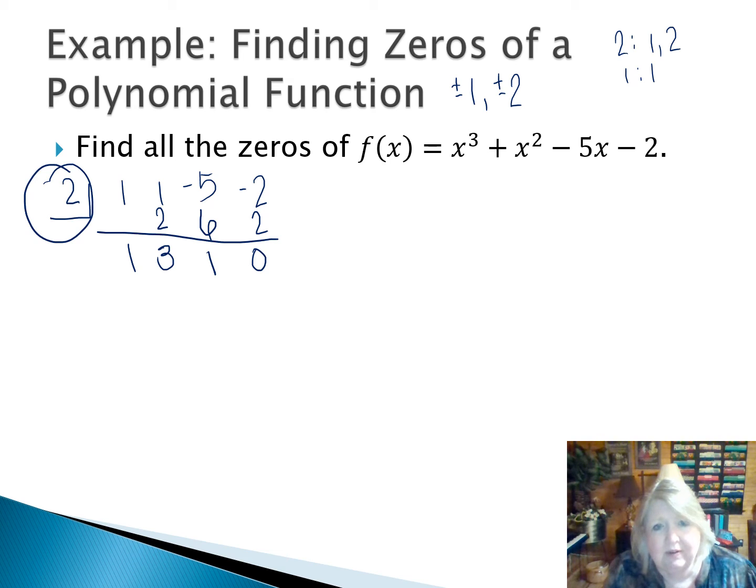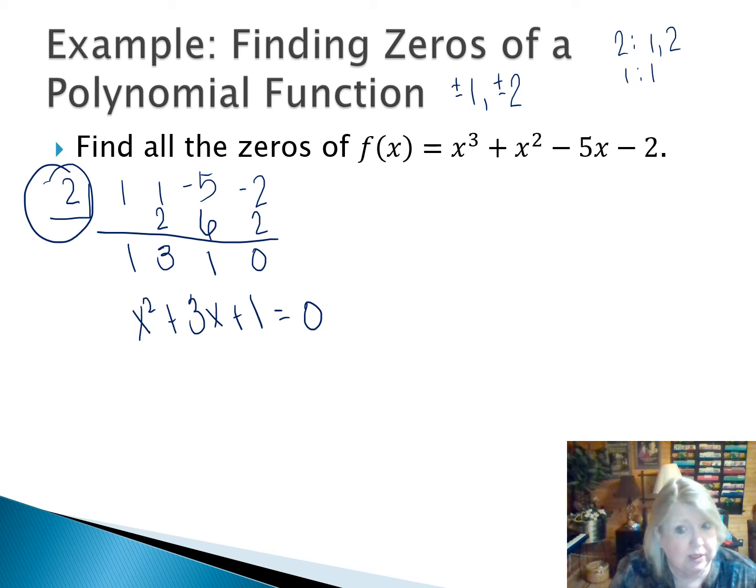But now I have to deal with x squared plus 3x plus 1. And to find a 0, that means set it equal to 0. So I'm looking, and these are not going to be rational because factors of 1 that add together and give me 3 don't exist. So this is going to be irrational or complex.